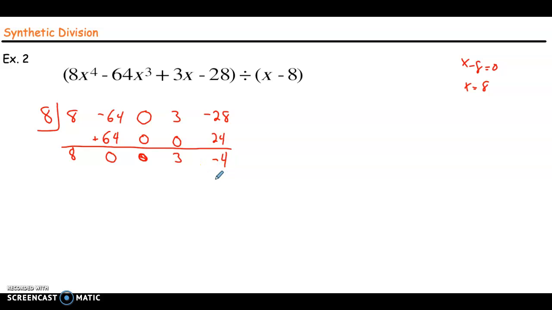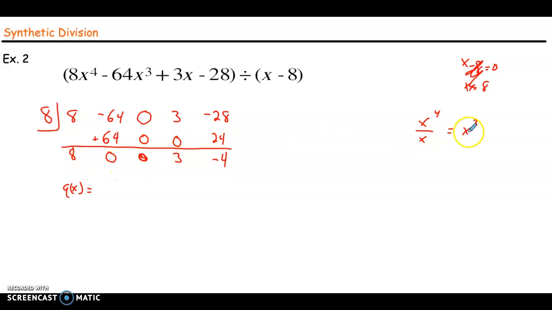Okay, that's the process. The answer, again, I'm going to write it in two different ways. The quotient. We took a degree 4 polynomial, this x to the fourth, and we divided it by a degree 1. So basically what we did was we took an x to the fourth and we divided it by x. That gets you x cubed. So for our answer, these numbers underneath this line, these are our coefficients.